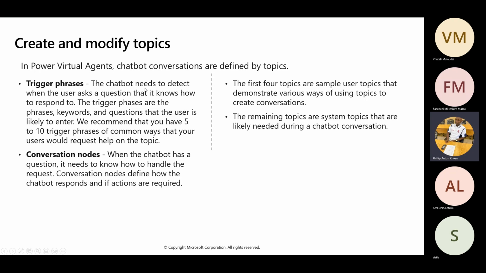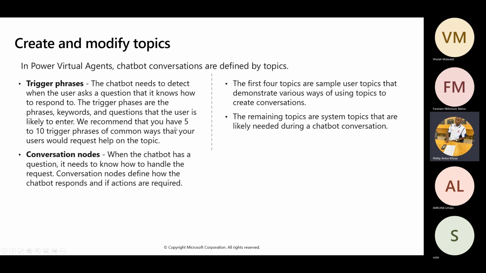The chatbot needs to detect whether a user asks a question that it knows how to respond to, and the trigger phrases are the phrases or keywords and questions that a user is likely to enter.